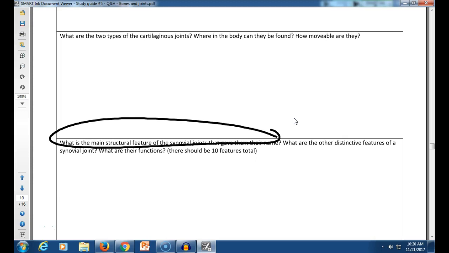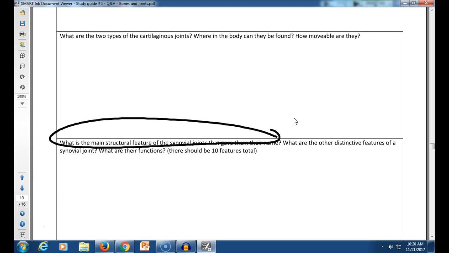The synovial fluid is produced by the synovial membrane and fills up the synovial cavity. The synovial membrane is the inner layer of the joint capsule. The outer layer of the capsule is the external fibrous layer, right?